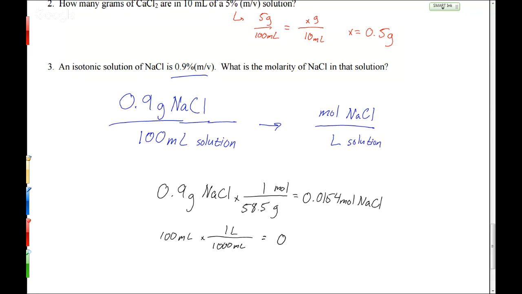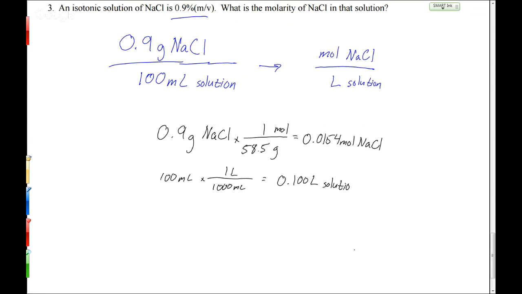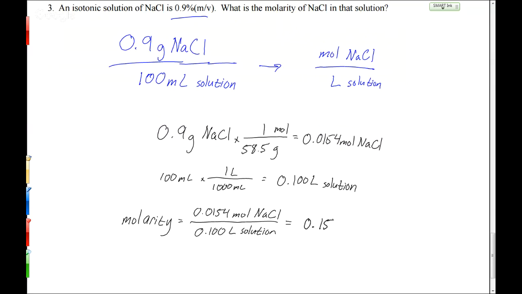You convert the grams to moles. So you go 0.9 grams NaCl, grams to moles based on the weight. So that's 23 plus 35.5 is 58.5. That gives 0.0154 moles. And then 100 milliliters.